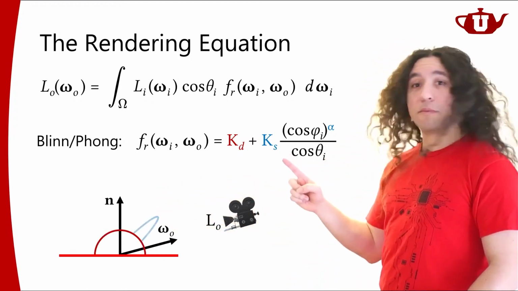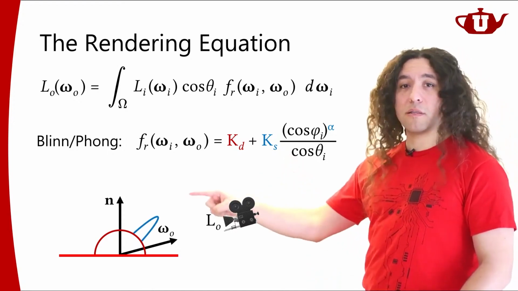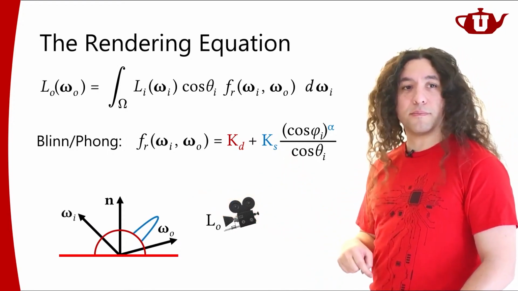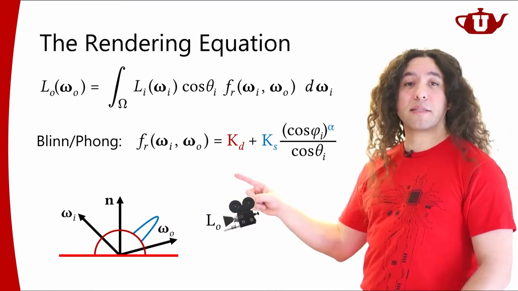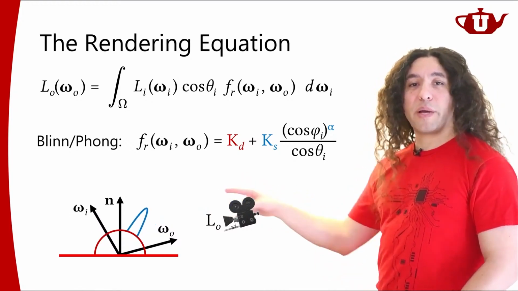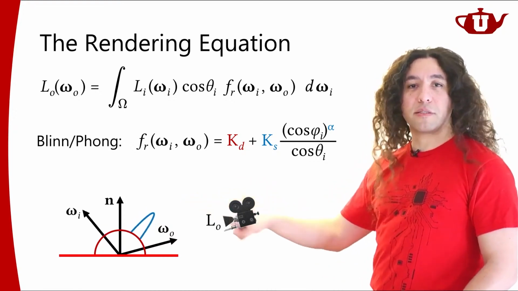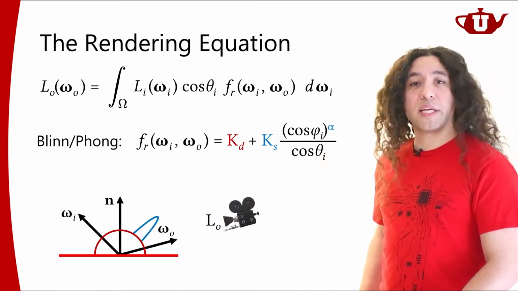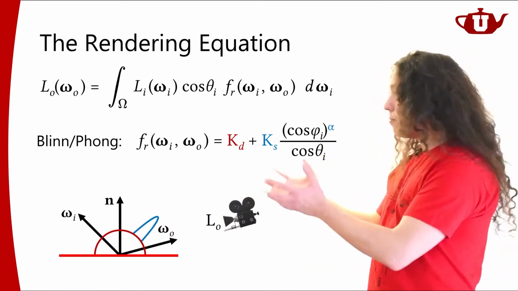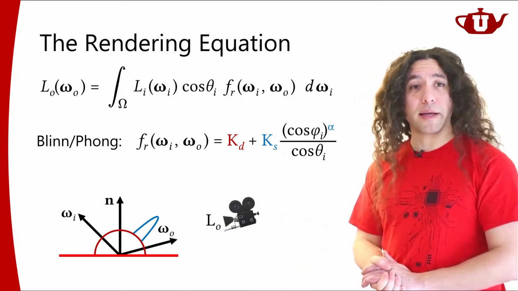And a specular term, which depends on the incoming light direction, right? So if I change the incoming light direction, the specular term is going to change position a little bit. So for both Blinn and Phong material models, that's what they look like.